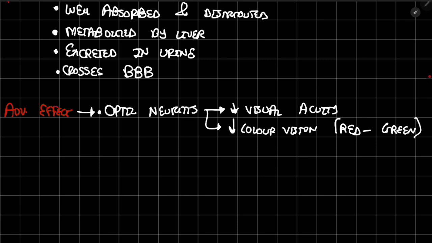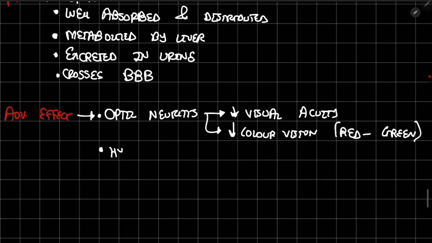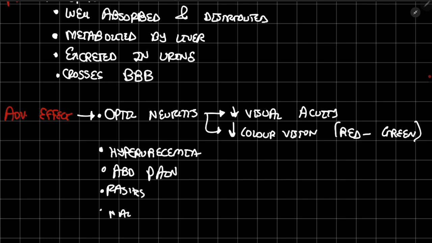Okay, red green defect. So a periodic eye examination is suggested for patients on ethambutol. Okay, it has many ophthalmic adverse effects. Okay, now one more adverse effect is hyperuricemia. Main is optic adverse effect, but we have hyperuricemia too. Then we have abdominal pain, we have rashes, we have nausea, etc.